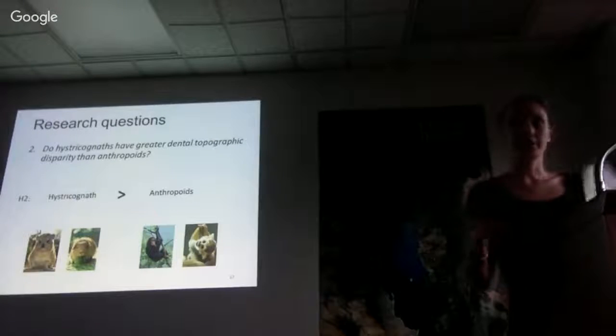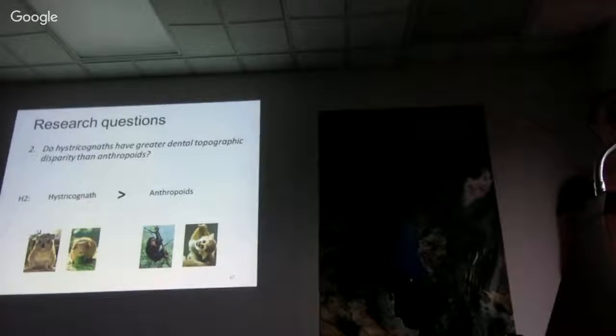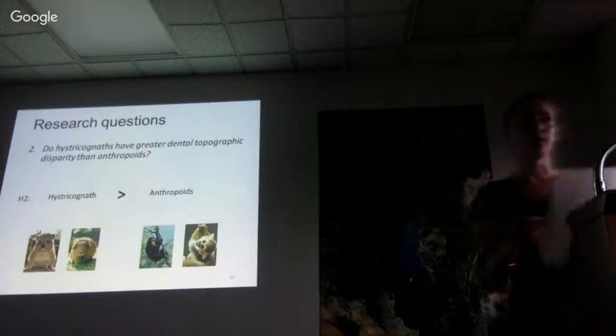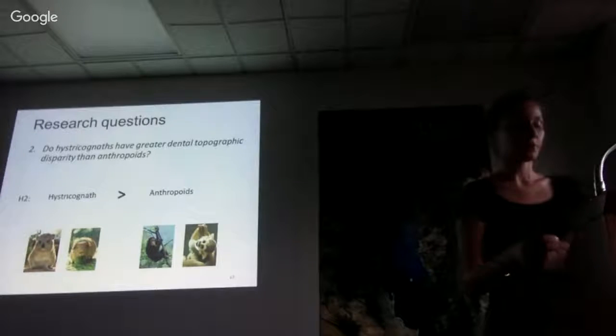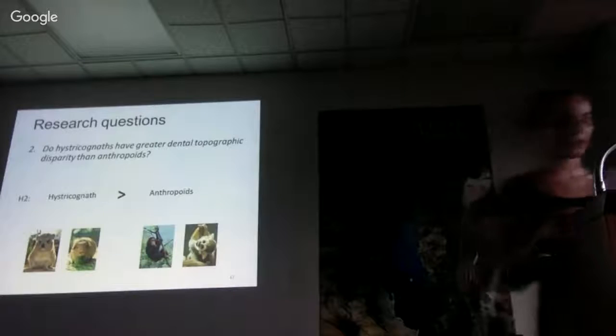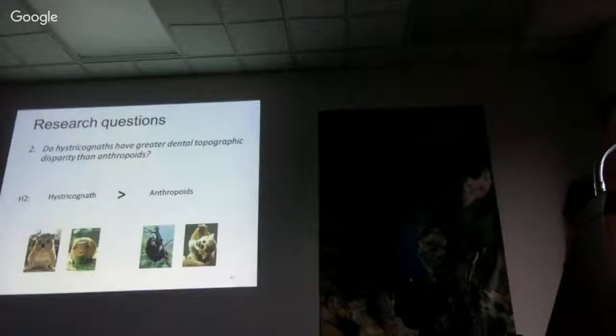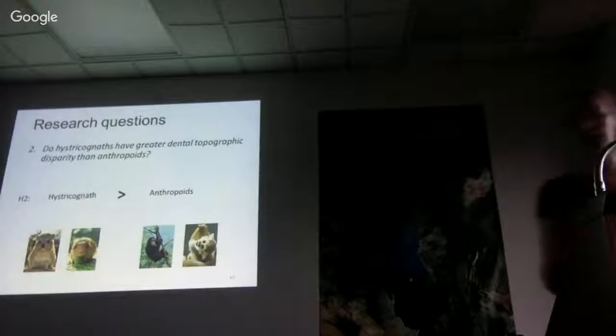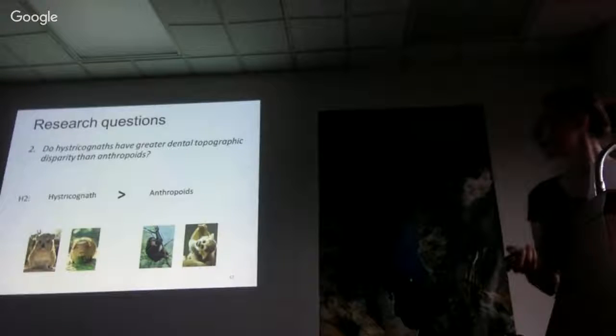Now, I will actually quantify their dental topographic radiation, so I'll be able to put some numbers on this and fully test whether these rodents are actually radiating a lot more in their dental topographic disparity than what we see in anthropoids. And I hypothesize that hystricognaths do show a greater dental topographic disparity in their evolutionary history than the anthropoids.